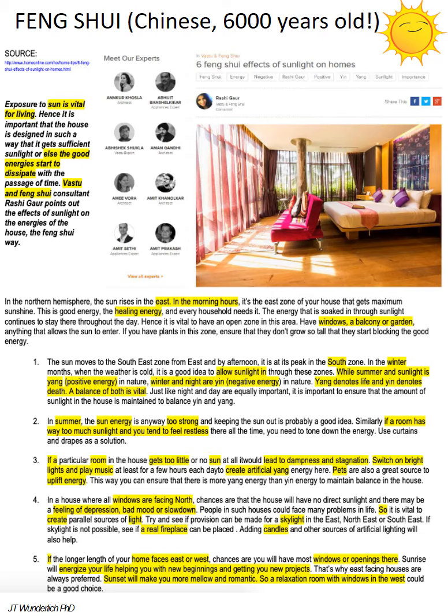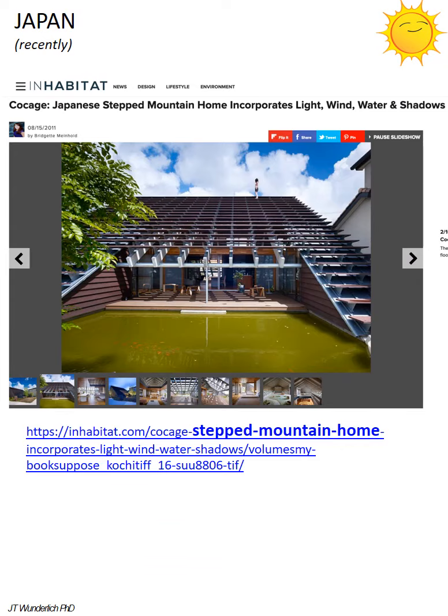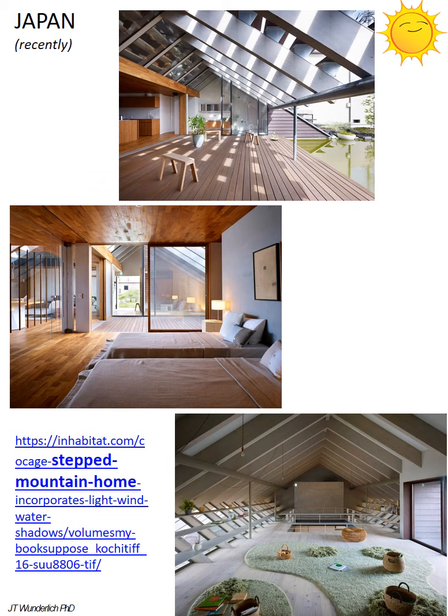So you can read through these different things, how to orient the house and the windows, and where to put the rooms. Then in Japan, more recently now, this is a stepped mountain home, which makes use of light as well as wind, water, and shadows. And you can see how the sunlight's coming in here naturally, different floors, different ways. You can imagine different times of day.